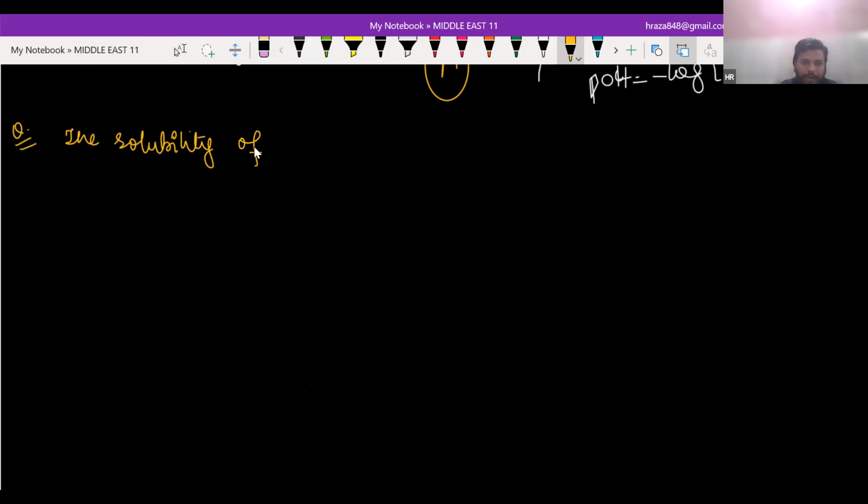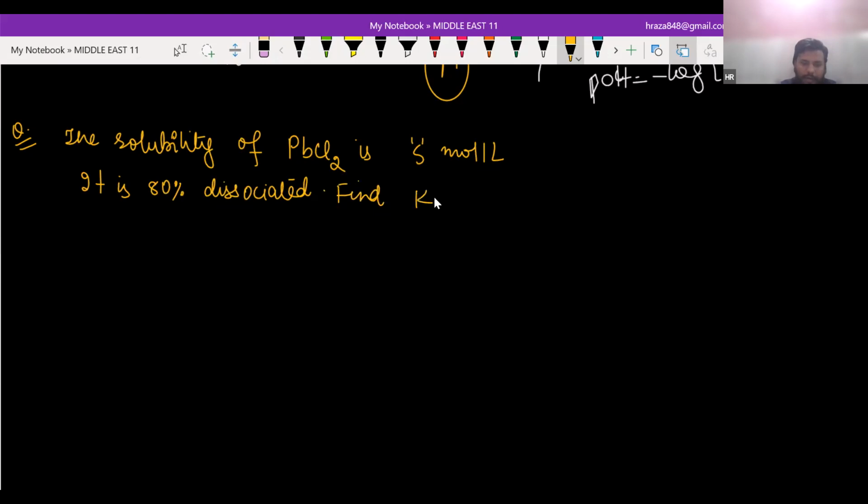The solubility of PbCl2 is S mole per liter. It is 80% dissociated. Find Ksp for PbCl2. I'm going to give you options.